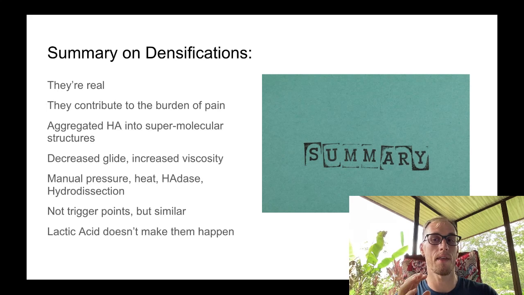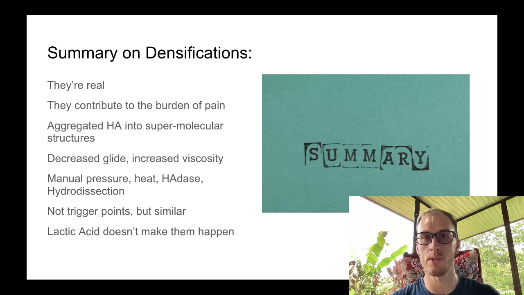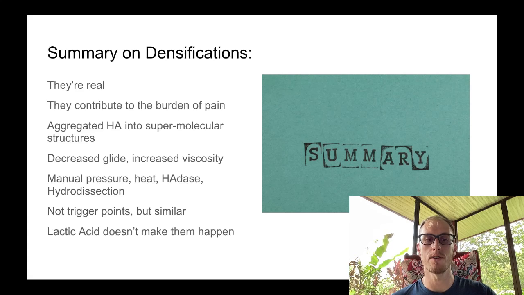As a result of one or the other or both of those things, our local nociceptors are triggered, eliciting a painful response. We see that manual pressure, injection of hyaluronidase, and hydrodissection, as well as a proposal for heat, all appear to work in dissolving or releasing our densifications.